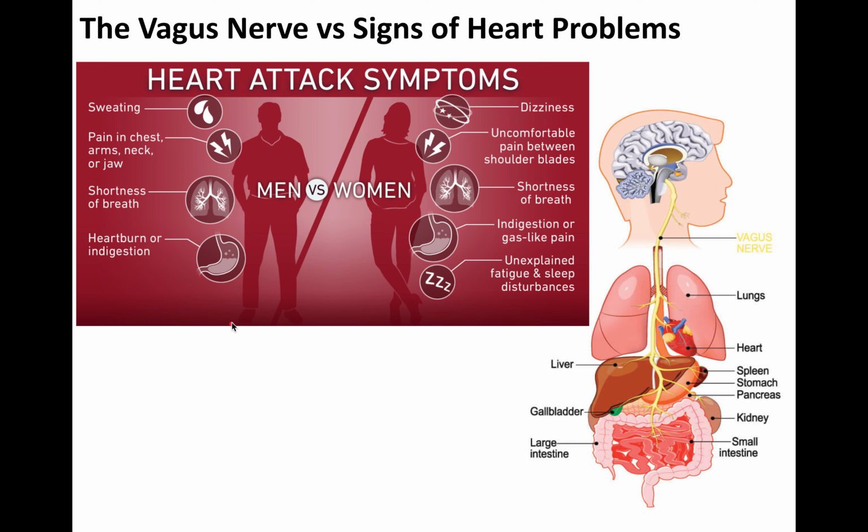Typically, though, a lot of males have more chest pain and stuff, while females may not have as strong chest pain, and they are more likely than men to experience the more atypical signs of, for example, stomach indigestion and other things like that. So just a heads up, be aware that heart attack symptoms aren't exclusively chest pain. They can be other symptoms that you may want to follow up and check out.